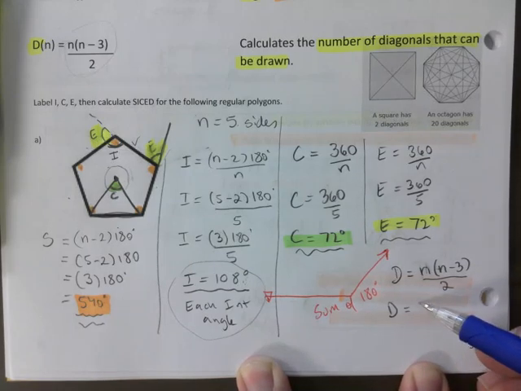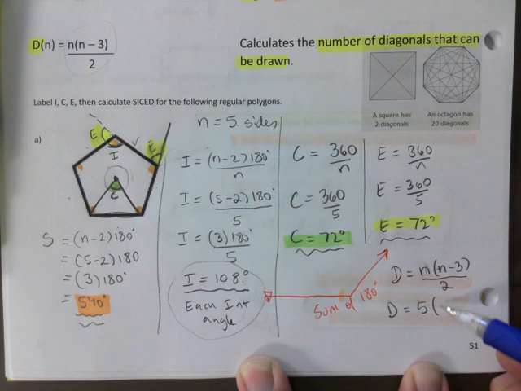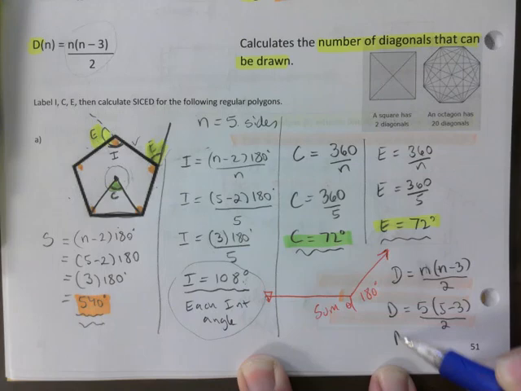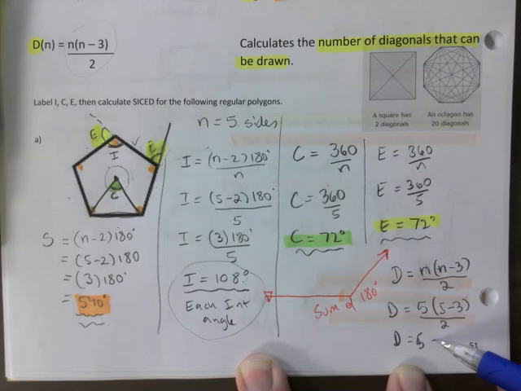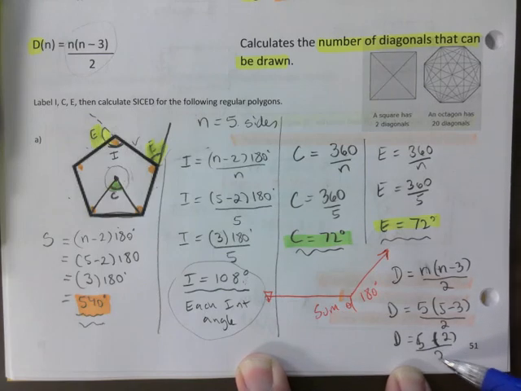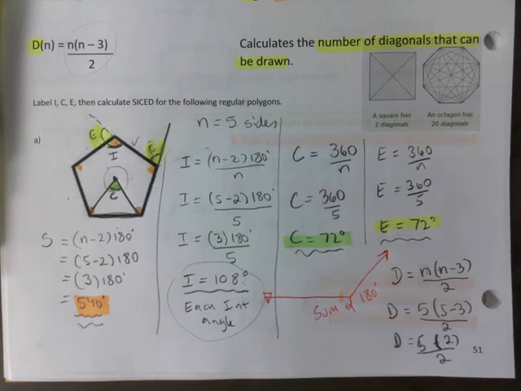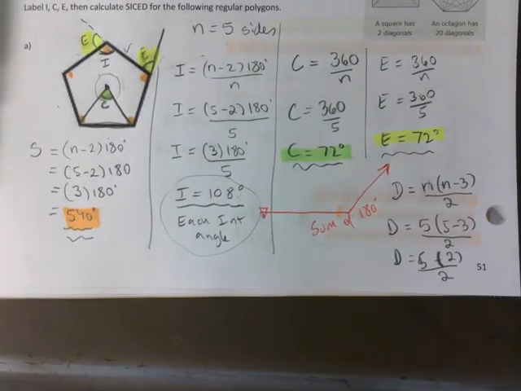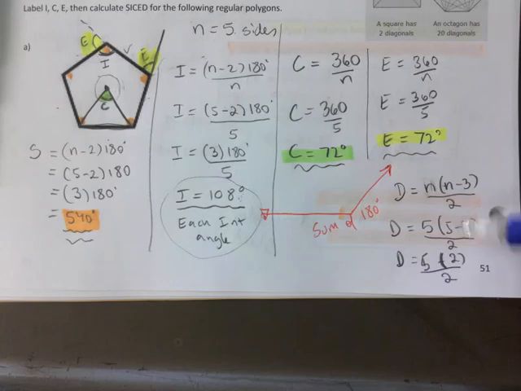So we'll go, what? N is 5 times 5 minus 3, don't rush this. 5 minus 3 is 2, divided by 2. Let me bring this up for some of you that are back row. 5 times 2 is 10, divided by 2 is?